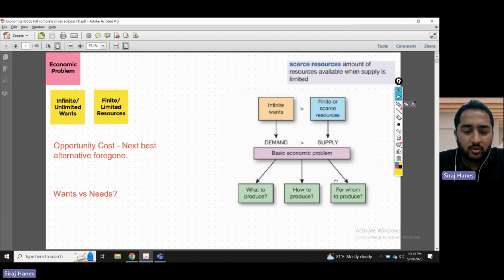How do we produce it? The most efficient ways. And for whom do we produce? Obviously, we're not doing it for charity. We producers are selfish. We want money. We do it for ourselves. So we're going to produce it for those who can pay us the most. So three real questions there: what to produce, how to produce, and for whom to produce.